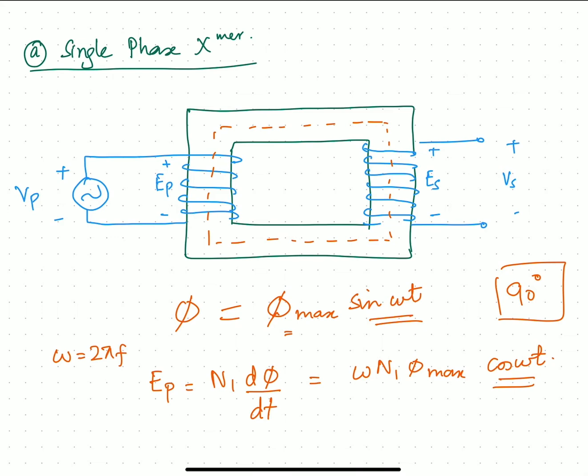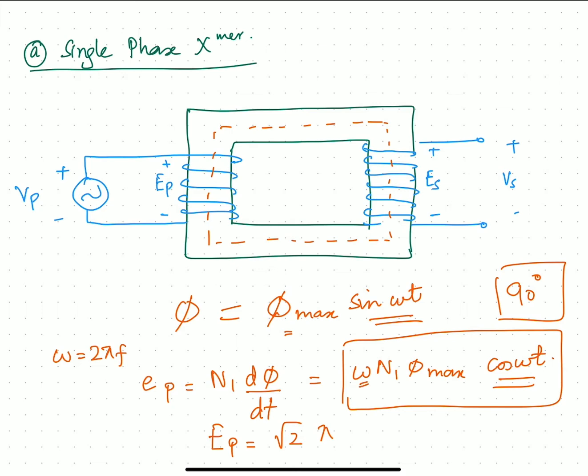And if I give this a small case e, because I want to denote the RMS value by the capital letter. And if I take the RMS value of this term, it turns out to be EP is root 2 times pi. I substitute the value of 2 pi f into this, and it is 2 pi f n1 phi max. It's easy to show this.